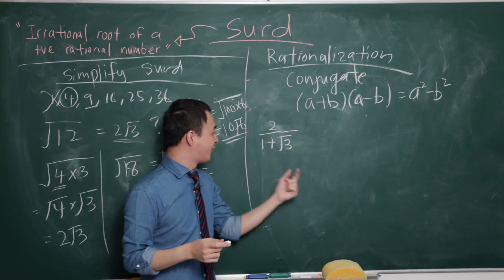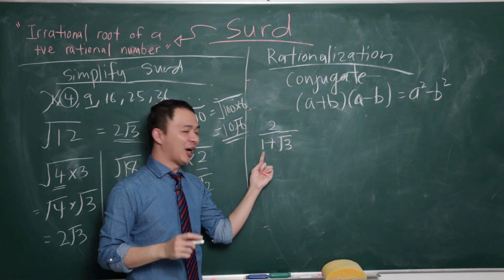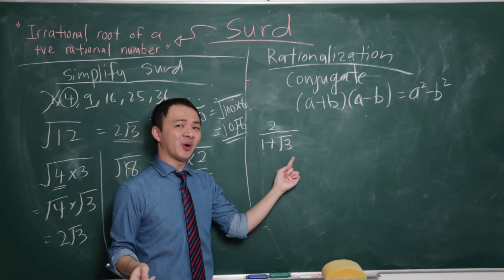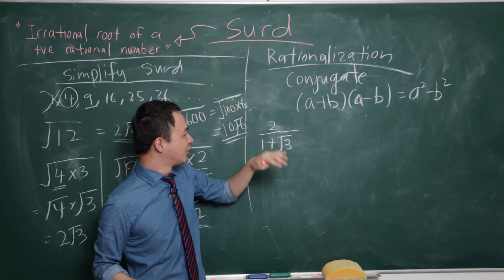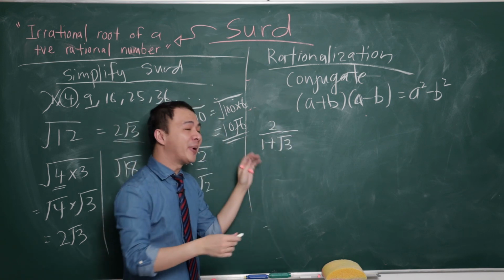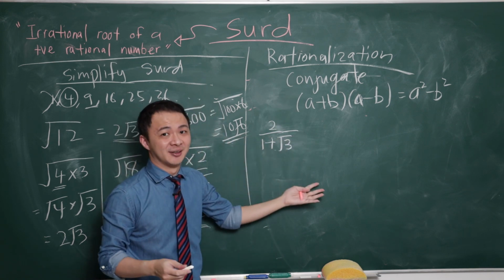Then you will be very happy to find out that if I square 1, I will get 1. If I square root 3, I will get 3. So this is the only way to solve your denominator, to get rid of the square root.